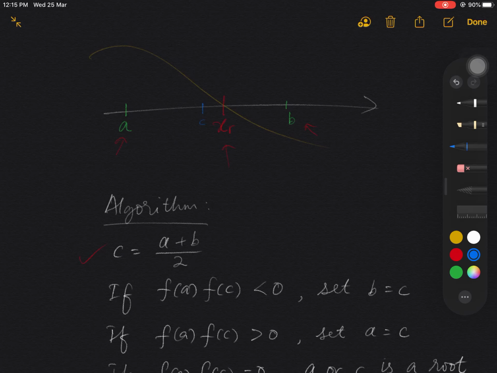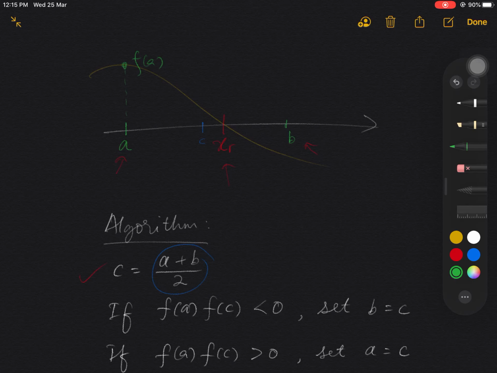Then we have to check the value of the function at each point A, B, C. So here is FA, and this one is FB.